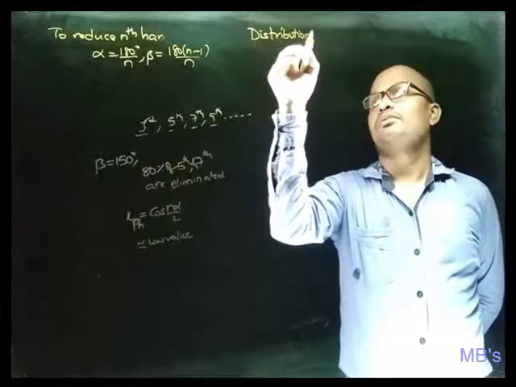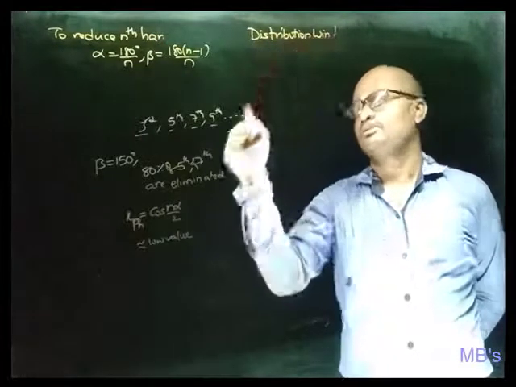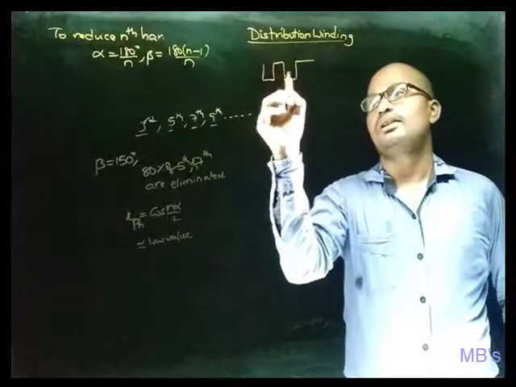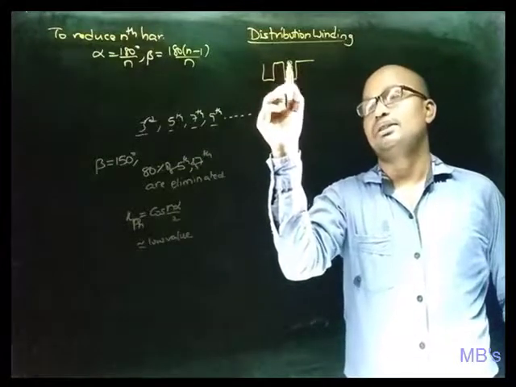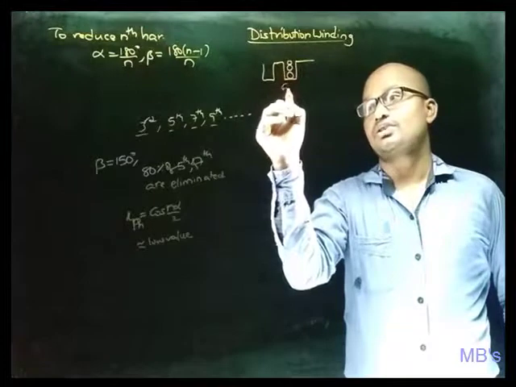distribution winding. If the conductors of the same phase are placed in the same slot, then that type of winding is called concentrated winding.